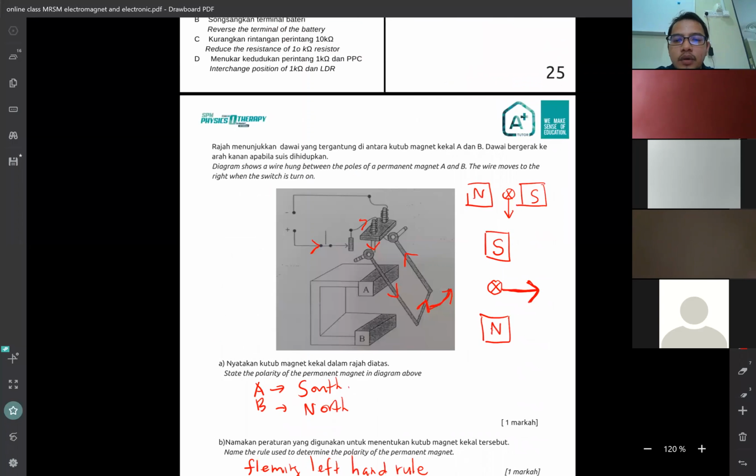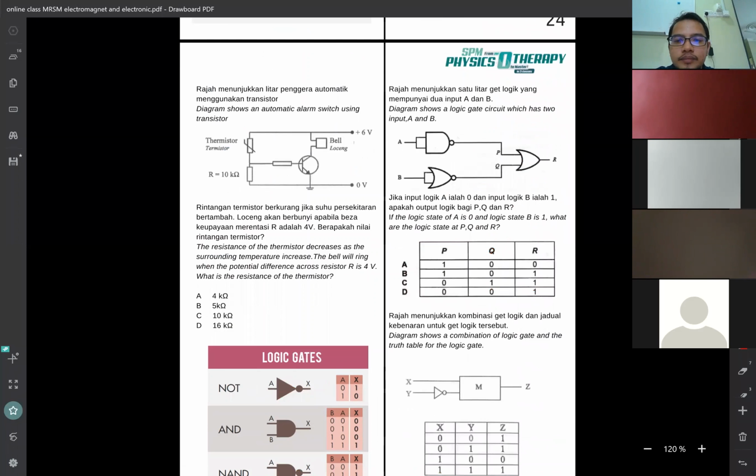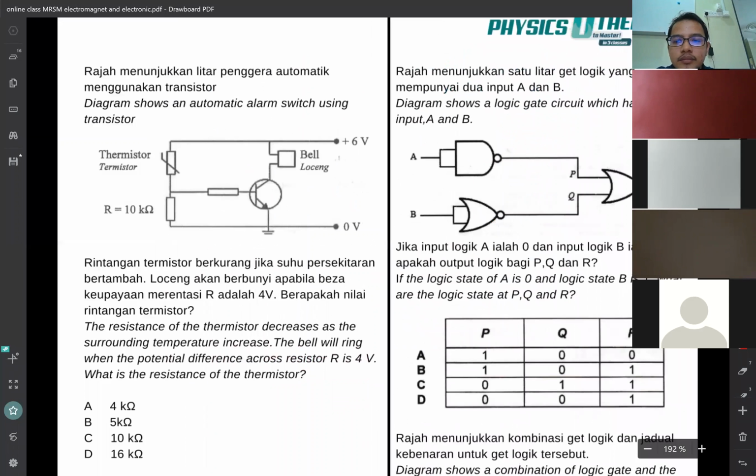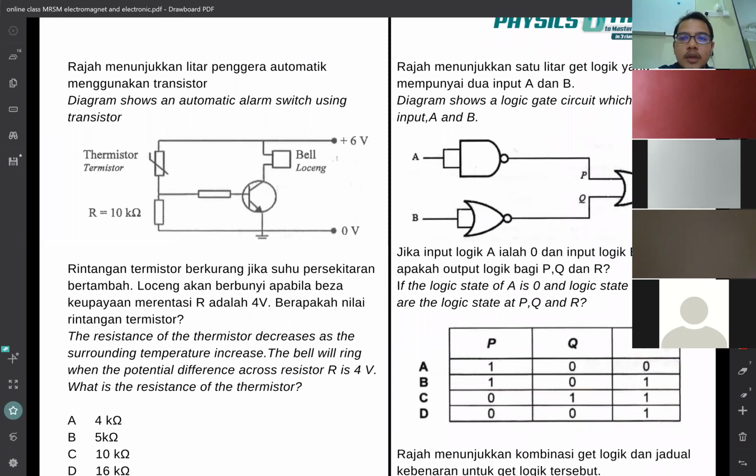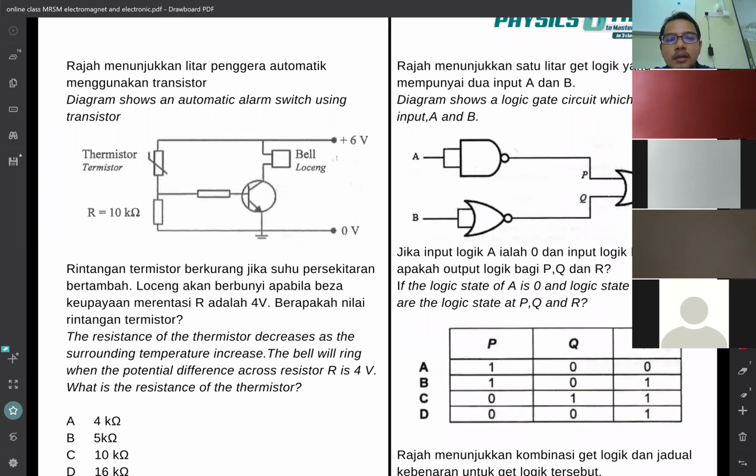Okay, for logic gate. Right. I think it's better the one that I shared earlier. Oops. Sorry. Okay.